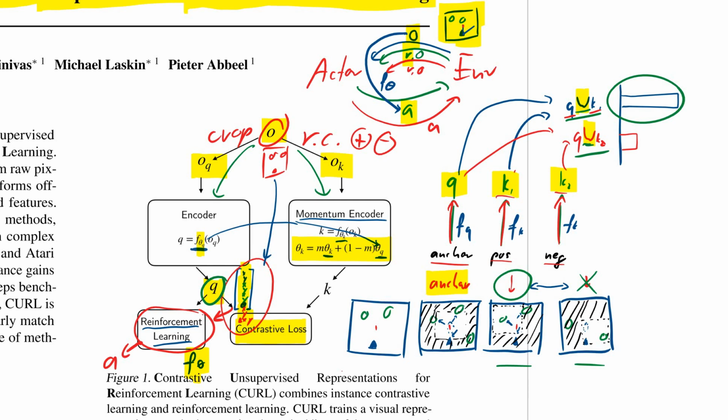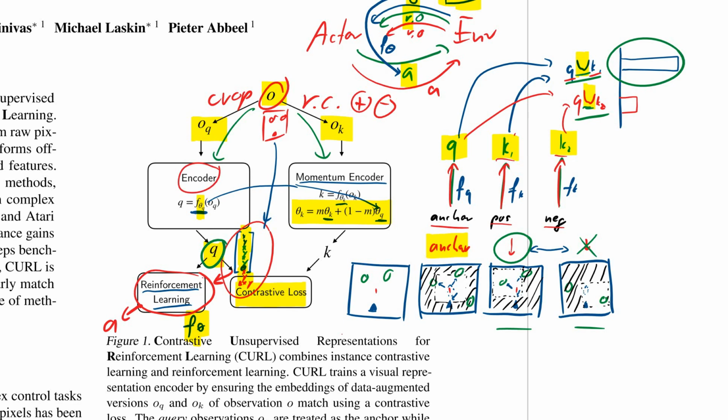These become your positive and negative samples. Then you push these through your encoders for the query and for the keys, respectively. You end up with the Q, which is the encoded anchor, and the Ks, which are the encoded positive and negative samples. And then you update this encoder here using the contrastive loss, right?